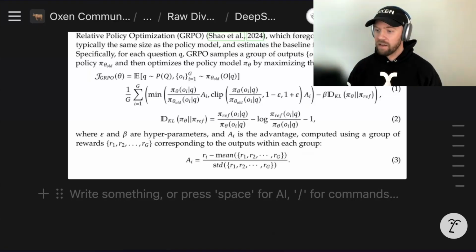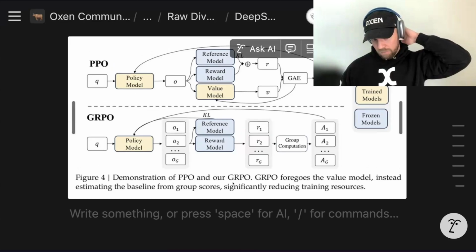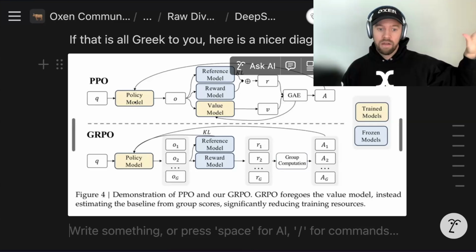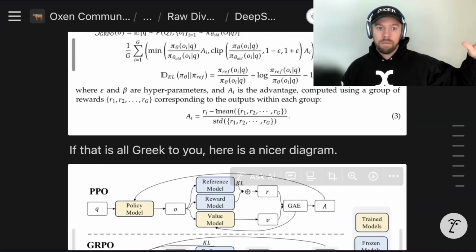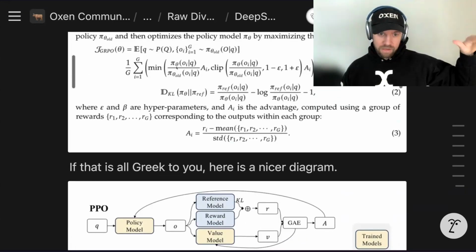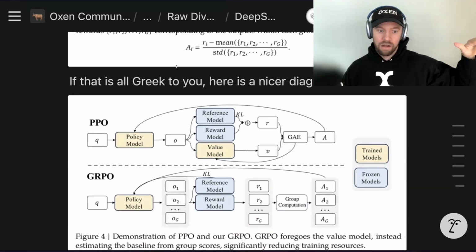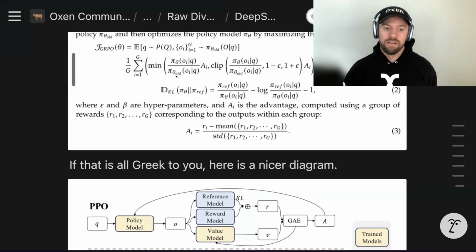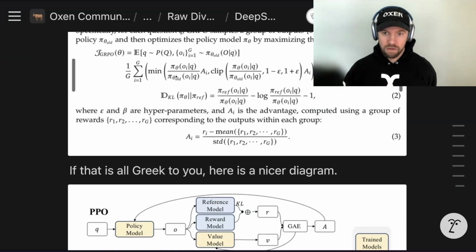And they have a nicer diagram in the GRPO paper that will help bring a lot of these variables to life. In this case, they're comparing it to PPO, and they simplify PPO by dropping out the value model. Basically, pi theta is the model that you're training, and pi theta old is the model that you're starting from.